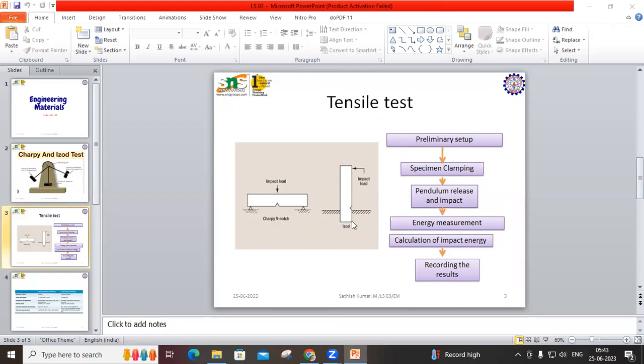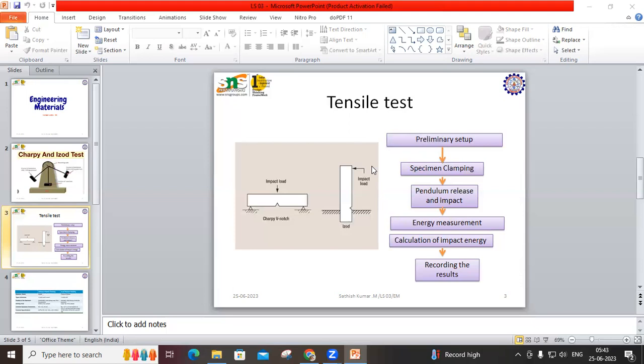Now we can see the flow of the test. First is specimen preparation. A rectangular or V-notched specimen is prepared from the material of interest according to specific standards.